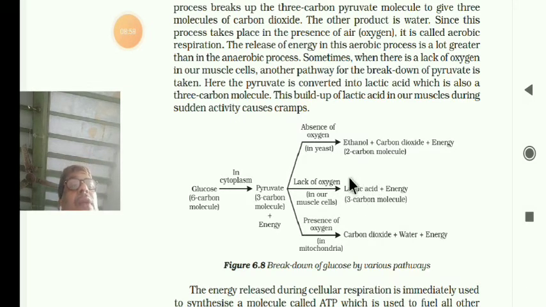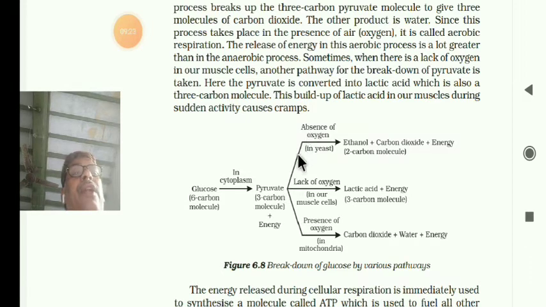So lactic acid will be produced. That is why we get cramps, which means pain in our muscles. So then we will get the required quantity of energy.